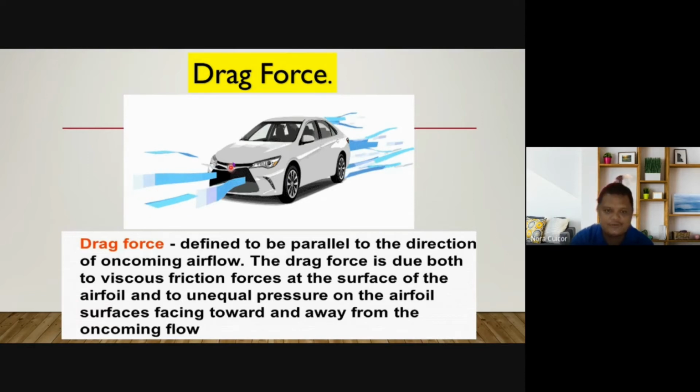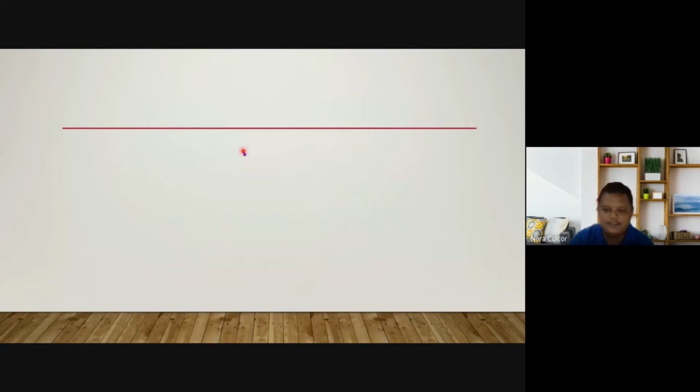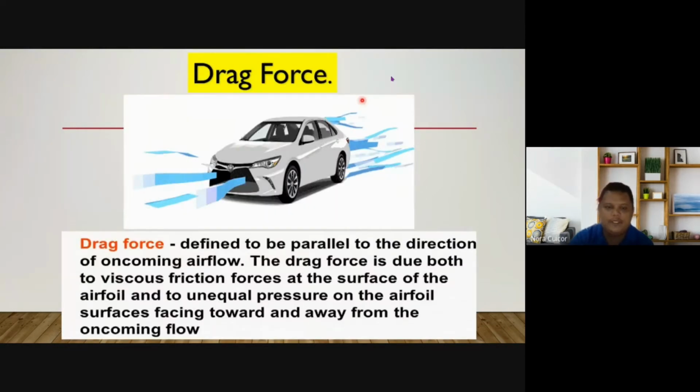So there is a drag force happening here. The car is directly passing through the air. Okay, so drag force is an example of contact force.